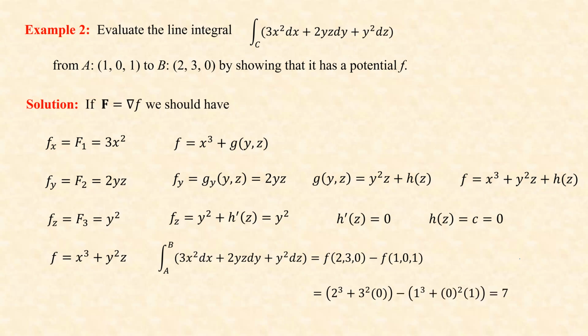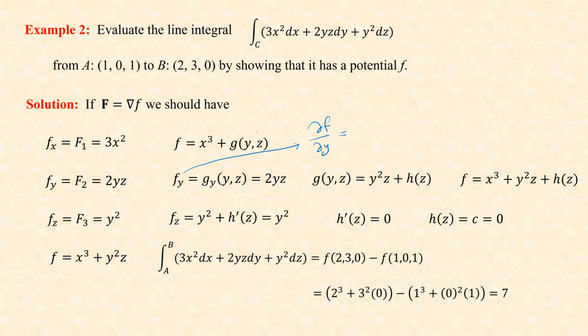Okay, sorry. Could you explain one more time, in the second line, why we're able to say fy equals gy, a function of y and z? Oh, because fy means the same as saying the derivative of f with respect to y, right? Which is the derivative of the other side with respect to y.